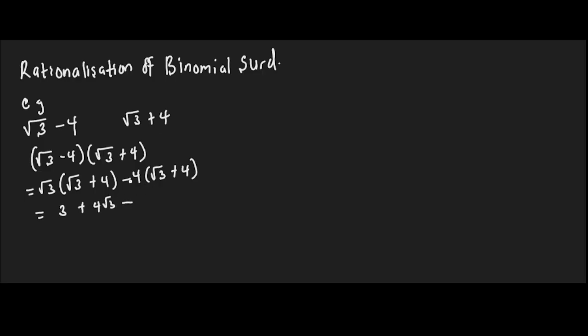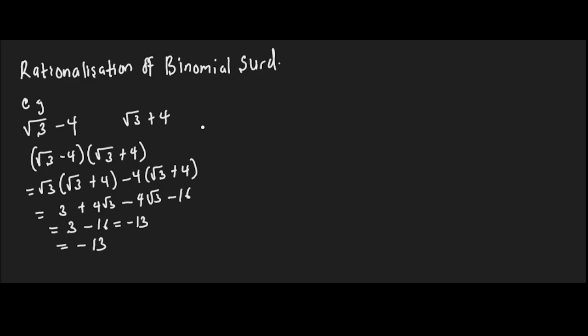Minus 4 times root 3 will give us minus 4 root 3, and minus times plus, minus 4 times 4 will give us 16. Then here we are going to have 3 plus 4 root 3 minus 4 root 3 minus 16, which is 3 minus 16. Our answer is going to be minus 13.